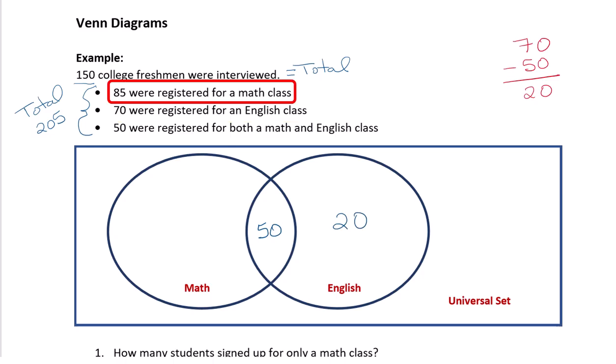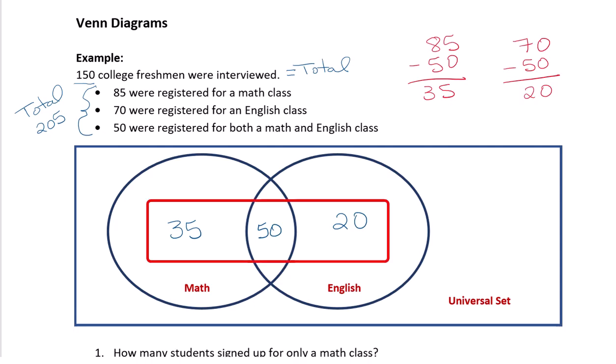For math, it said there were 85 registered for a math class. Well, if there were 85 students total registered for math, but 50 of those are already listed as being in math and English, that leaves us with 35 students taking math only.